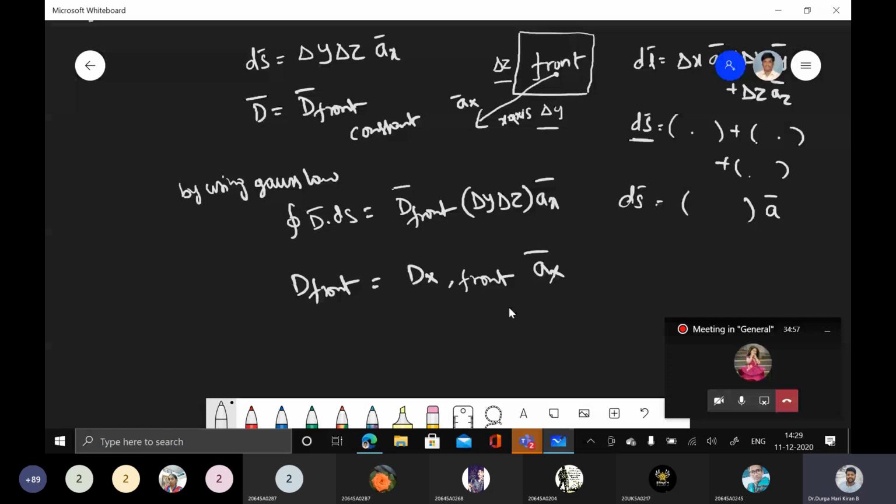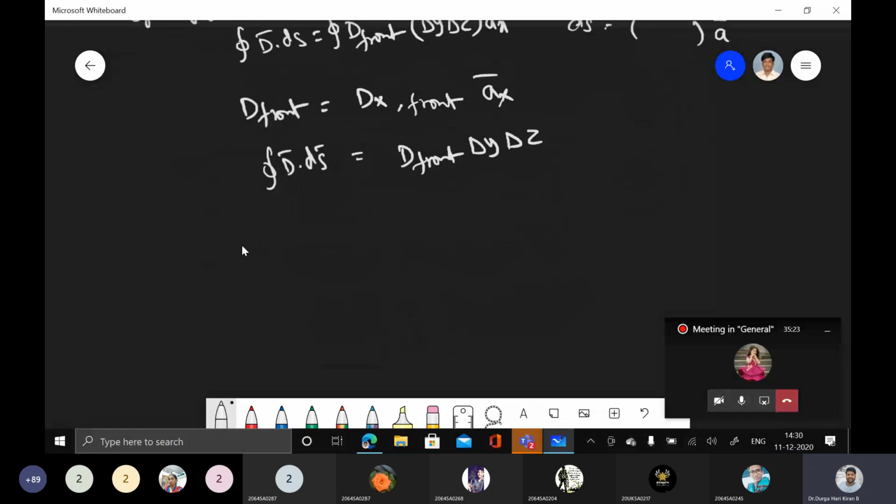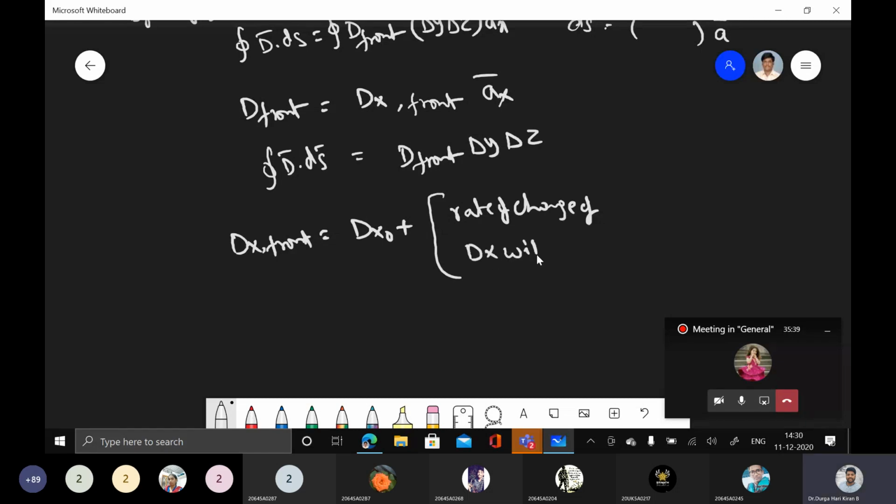So the integral of D bar dot dS bar finally will be equivalent to Dx delta y delta z. Okay, so this is what I got. What about Dx front? Dx front is plus the rate of change of Dx with x.